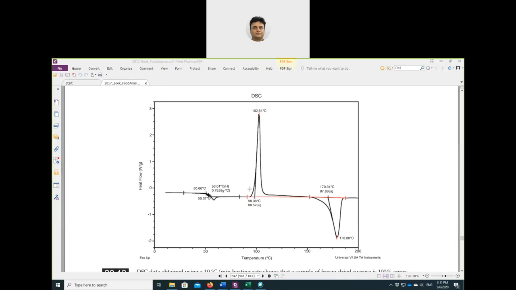Like chocolate, you put the chocolate in your mouth, it starts to melt. It's not really melting, it's a phase change, a first order transition, as the temperature increases above Tg. But if you put ice in your mouth, it will be exactly like this one.